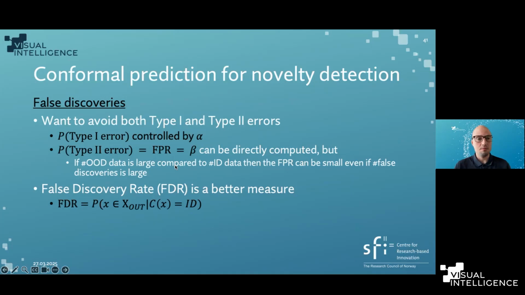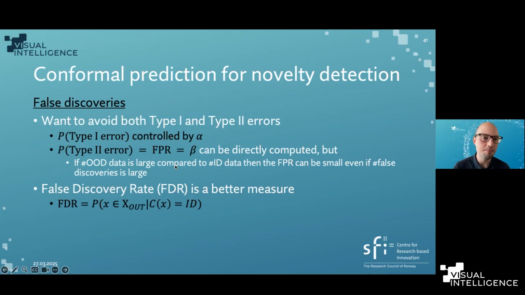Note that we also want to avoid type 2 errors. So the probability of type 1 error is controlled by alpha. We can also compute the probability of a type 2 error, which we call beta here.